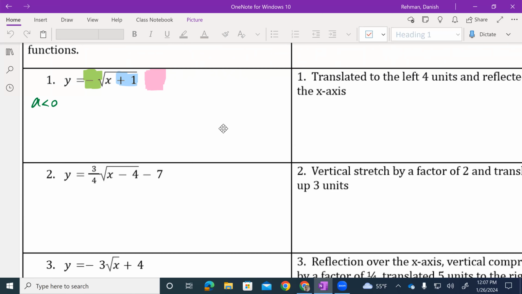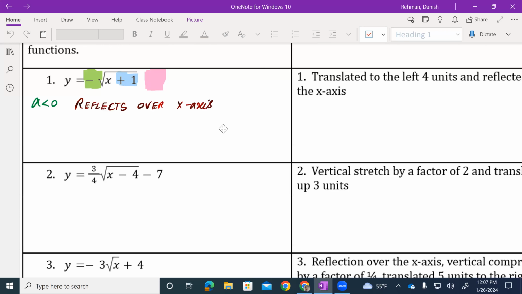And whenever a is less than 0, how will the curve look like? What should I claim based on that? I will pick the wording that I just mentioned to you over there in the key, and I will say it here. Reflects over x-axis. That's one of my claims.